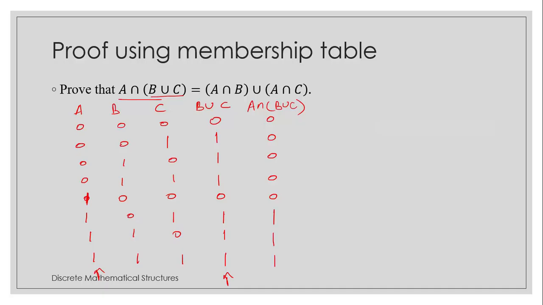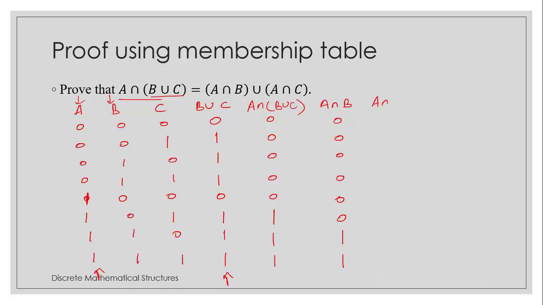So now we have this column. This is the left hand side of our identity. Then we need to find A intersection B. These two columns. So again it will be 0, 0, 0, 0, 0, 0, 1, 1.